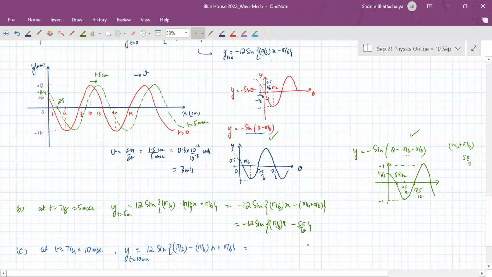So that can be written as, and cos being an even function.